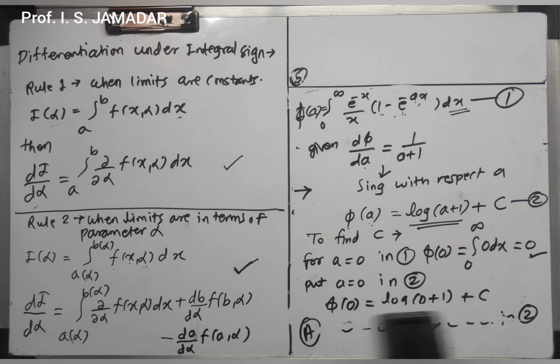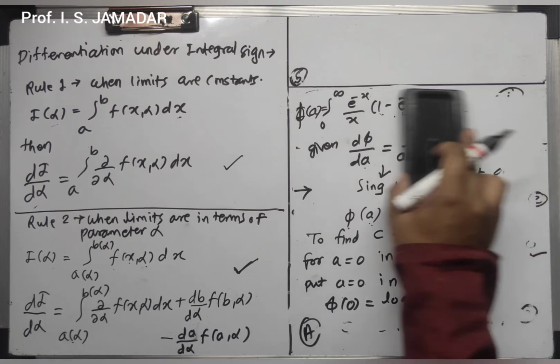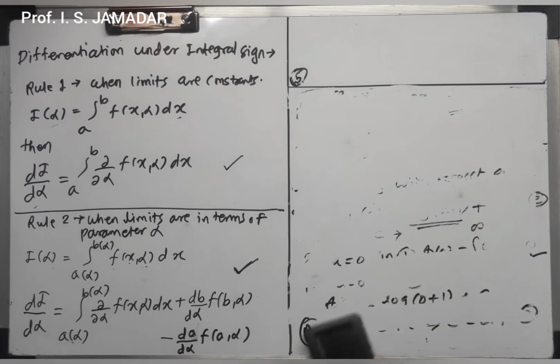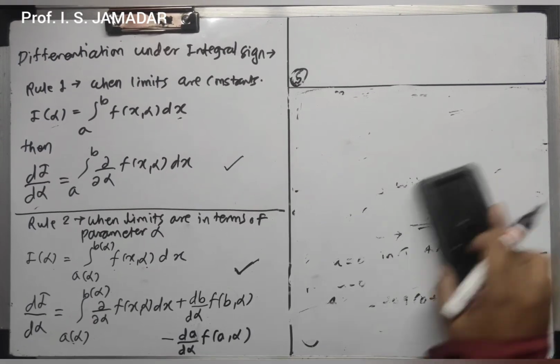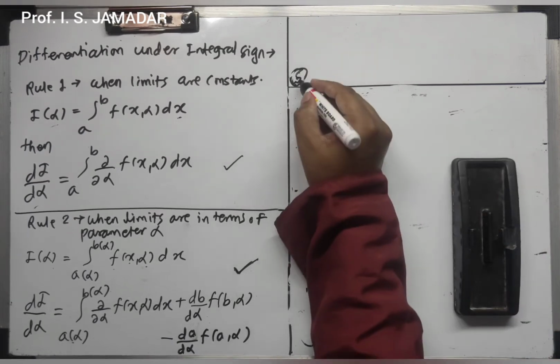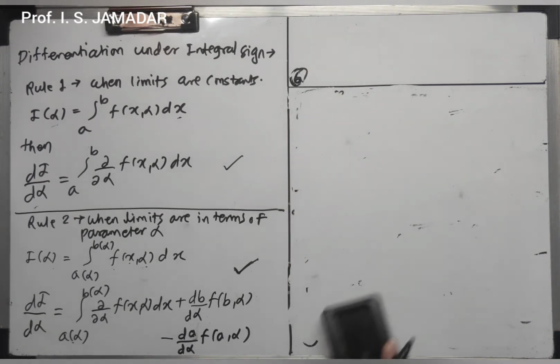d phi by da is given. This is question number 5. Okay, let us consider one more example of this type.